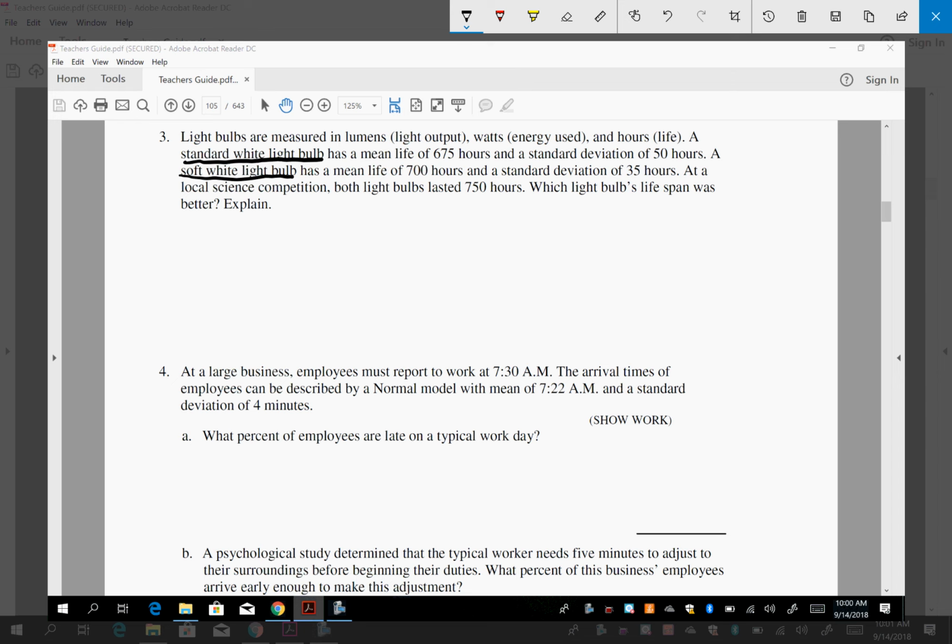Finding the z-scores. So let's do the standard and soft. This is real data. This is where we use y minus y bar over s, standard deviation, very good. So z equals, how long did the standard white bulb last? 750 minus, now here's the question you guys answered, what is the average lifespan for a standard white light bulb?